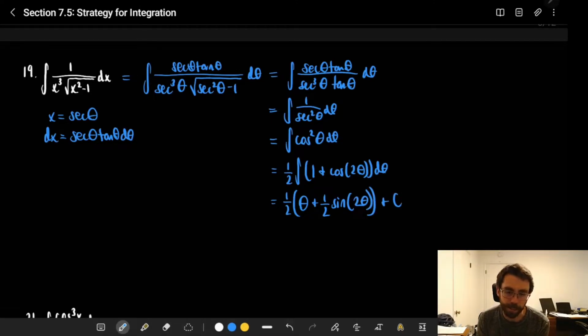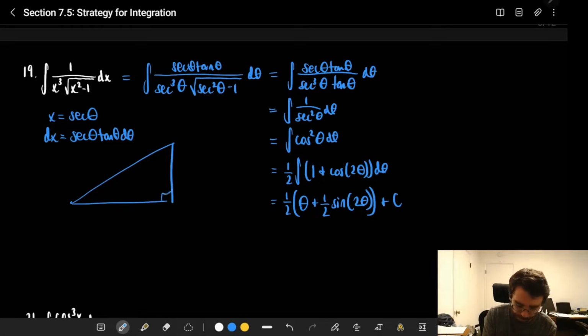Then, of course, the ugly thing is I don't want an answer in terms of theta, I want it in terms of x. So I say to myself, how can I build a triangle that matches this situation? Let's say theta is here. If I want x to be equal to secant theta, well, secant is 1 over cosine. Cosine, if you think SOHCAHTOA, is adjacent over hypotenuse.